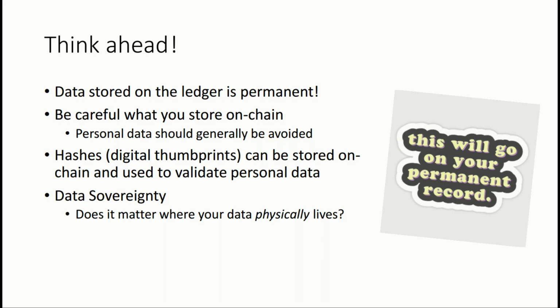Here's an example. In the United States, there is a series of federal regulations known as the Criminal Justice Information Services regulations, or CJIS.